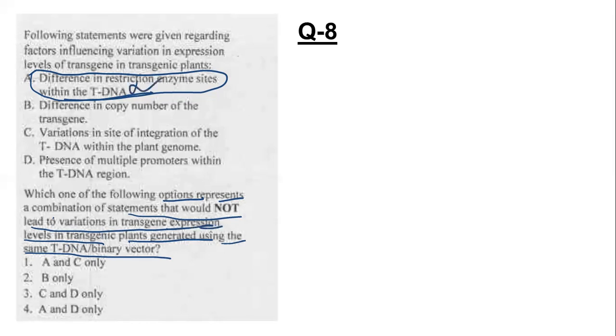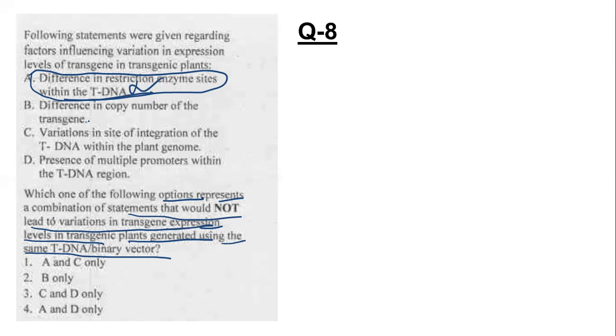Another is the difference in copy number of the transgene. Yes, it may affect expression level, because the more the copy number, the more mRNA, and the more protein will be synthesized. So a difference in copy number may change the expression level of the gene.